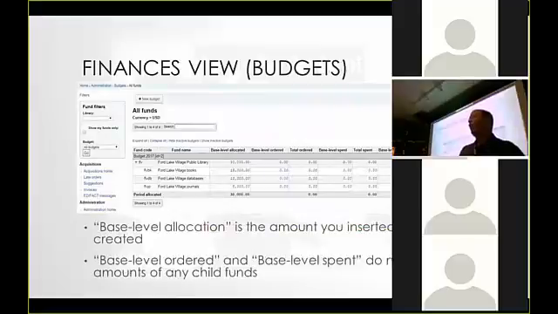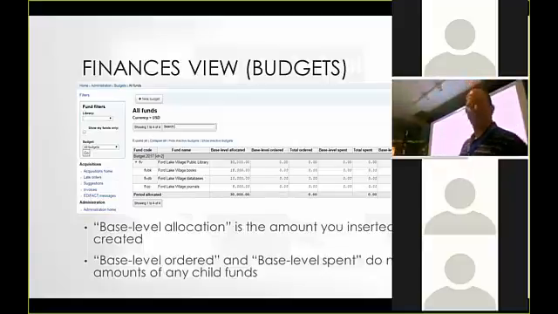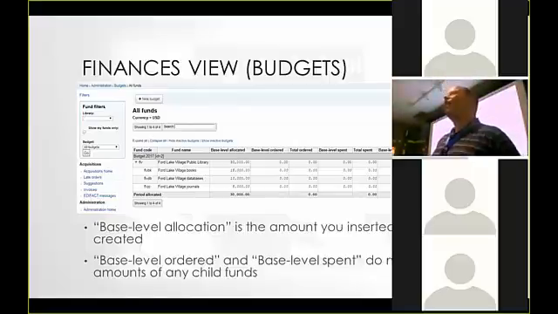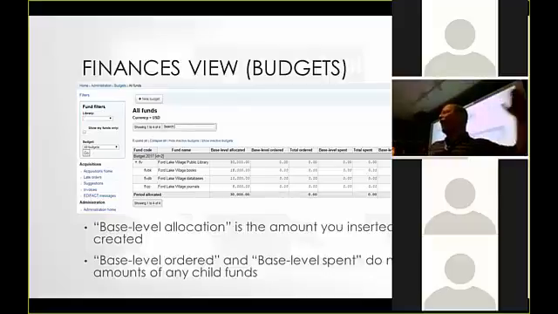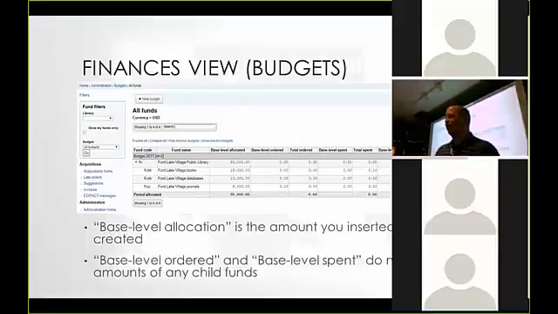If you have administrative authority and you view budgets, you'll notice this display is a little different. There are a few things here called base level: base level allocations, base level totals, and base level ordered. Base level, whenever you see that phrase, refers to that particular fund only and does not involve the activity of any of the children.